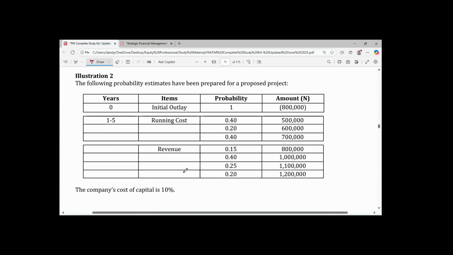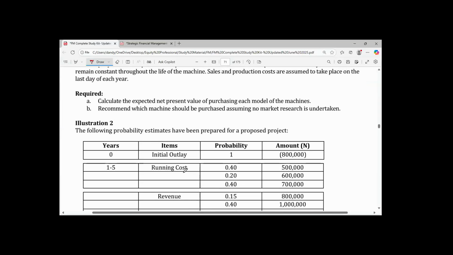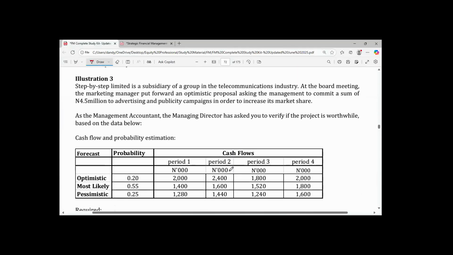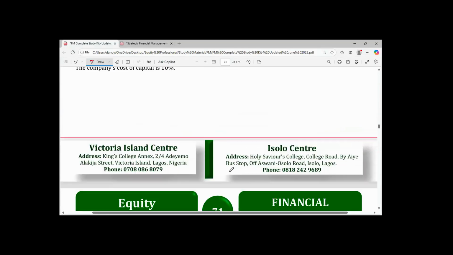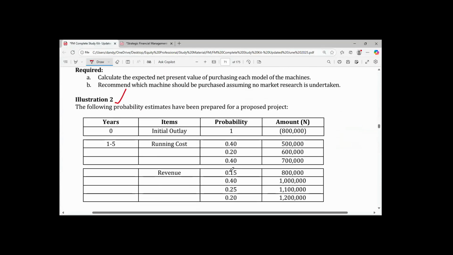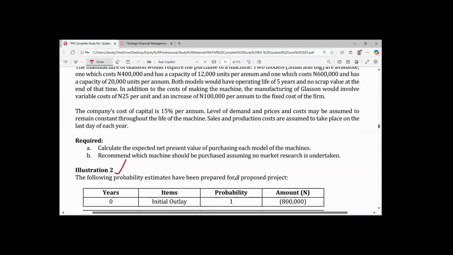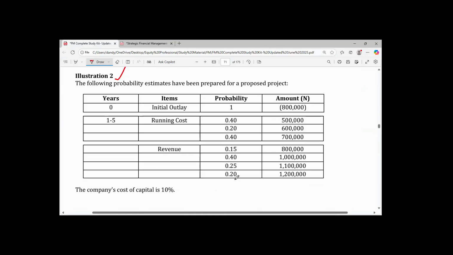Let's have illustration number 2. It's on simulation. That's on page 70, illustration 2. The following probability estimates have been prepared for a proposed investment.